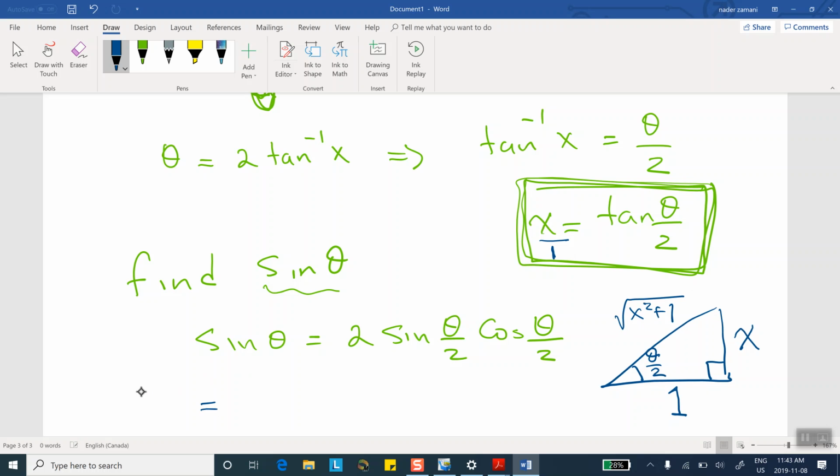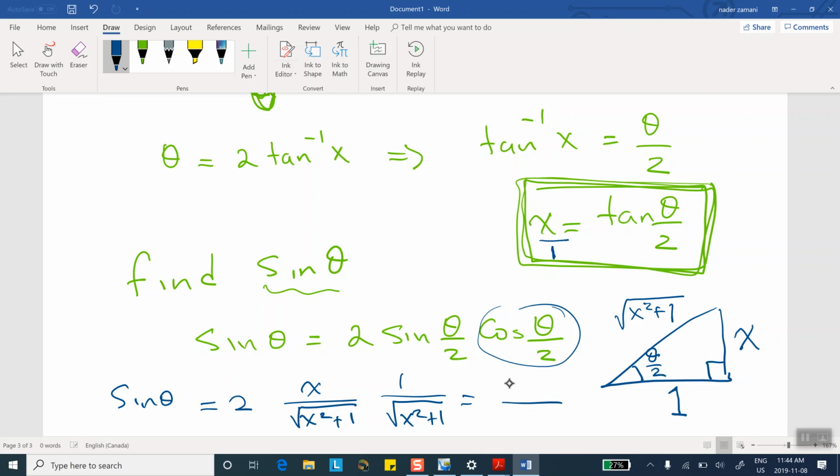So sine of theta becomes 2 times sine of theta over 2, just look at this triangle. What is the sine of this angle? It is the opposite over the hypotenuse. And what is the cosine of theta over 2? It's adjacent over the hypotenuse.